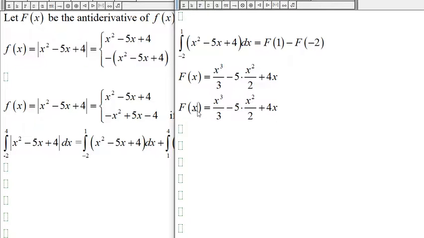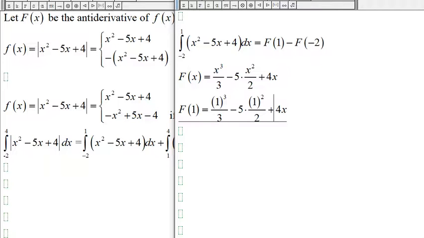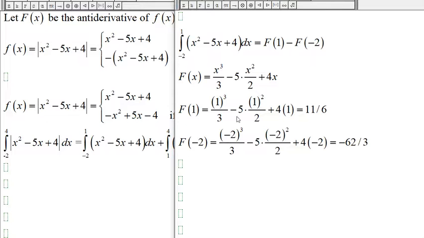And so we need to evaluate the antiderivative for x equal to 1. And then simplifying, we get 11 over 6. And then similarly, we need to evaluate the antiderivative at -2. And that comes out to be -62 thirds.